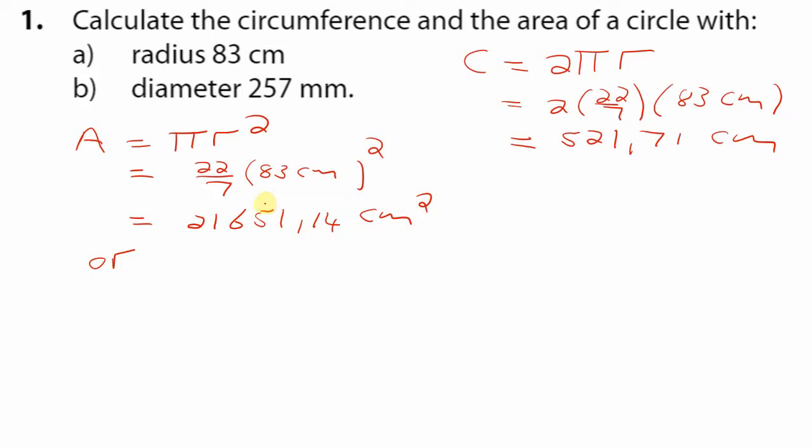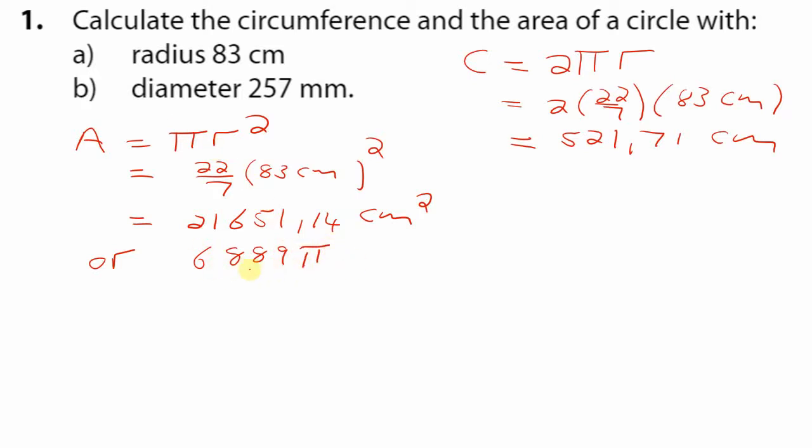In fact, sometimes one also has to be led by the question. This one is not as explicit in how to deal with this, but pi is more accurate than anything else. It represents something precisely. So what you also could have done, which is actually the most accurate answer you could give, is to say 83 times 83 is 6,889, and we still have to multiply by pi.